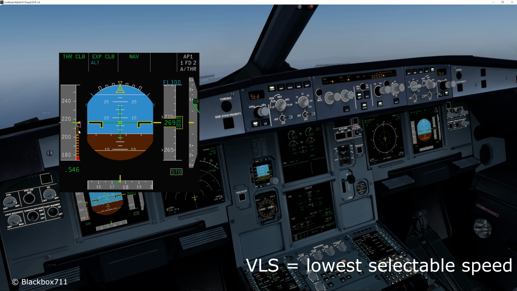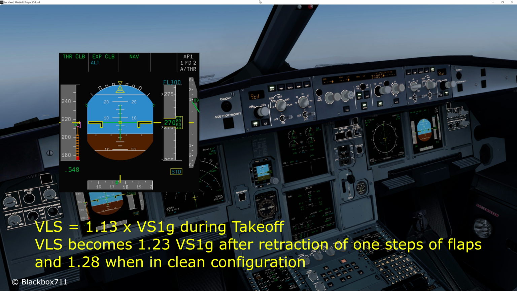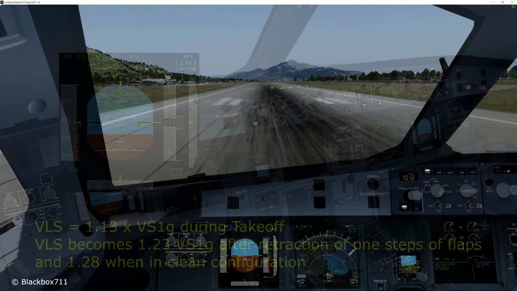Now the VLS on the FSLabs A320X is computed by the FAC, Flight Augmentation Computers, and they are based on the aerodynamic data, and that corresponds to 1.13 VS1G during takeoff, and after takeoff it becomes 1.23 after you retract the flaps by one step, or 1.28 when in a clean configuration. And be aware that VS1G obviously always takes into account the current configuration of the aircraft.